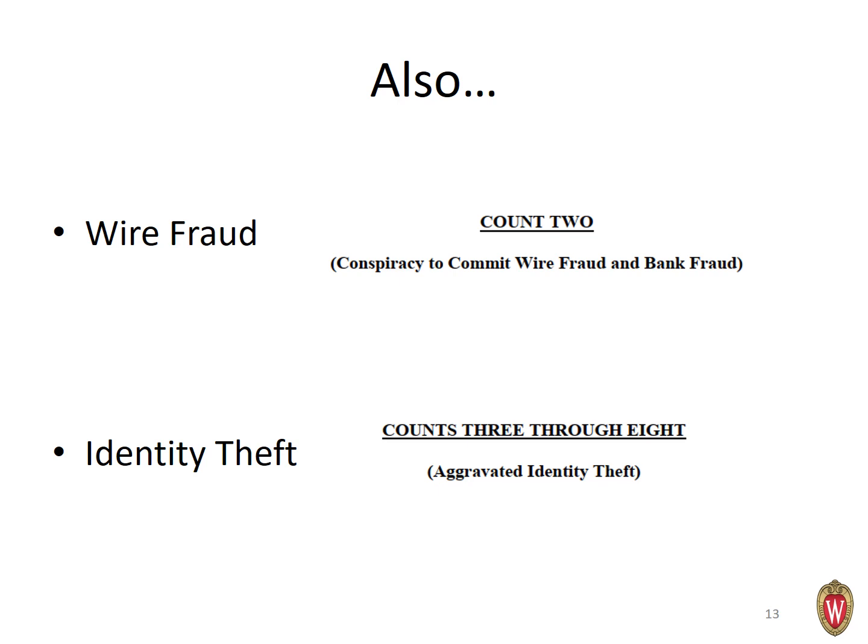Next slide. In addition, they conducted wire fraud. That is, they were able to use false information to gain financial information from people, take money. Wire fraud, that is, wired communications.